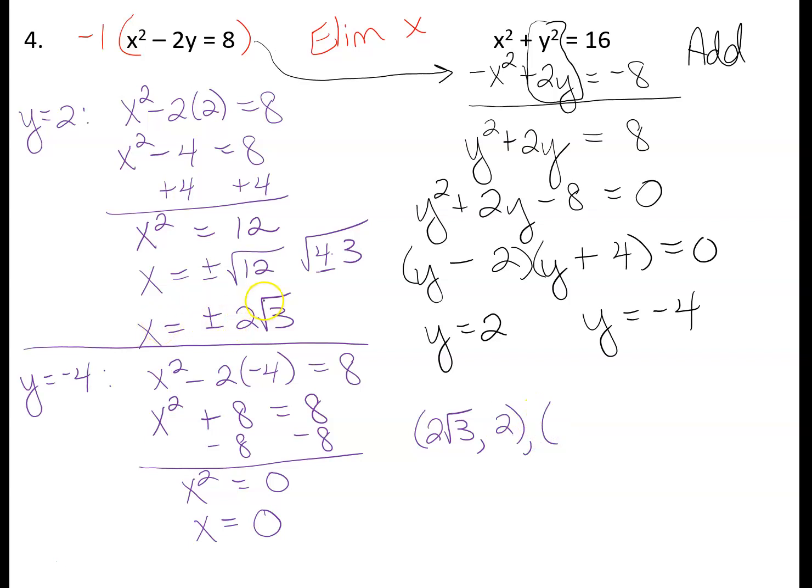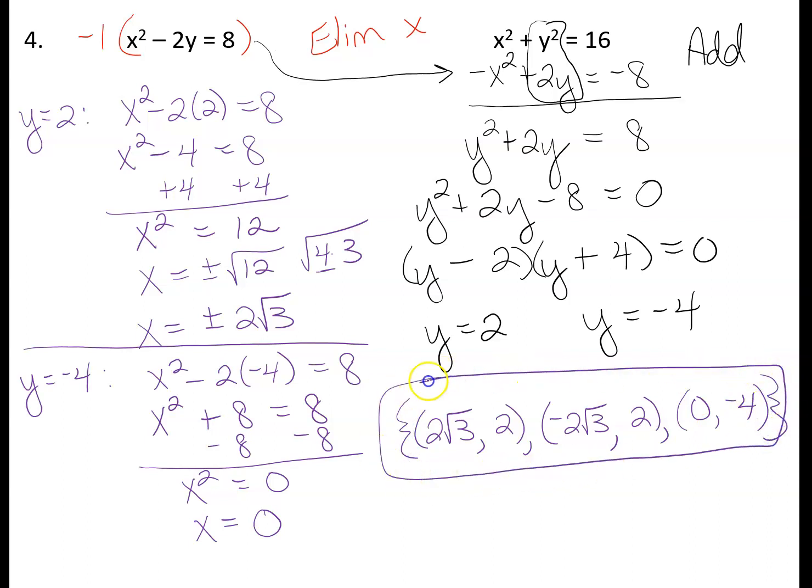Then I got x equals negative 2 square root of 3, and that also came from y equals 2, so y value 2. Then we got x equals 0, and that came from y equals negative 4. So we've got 3 ordered pairs to make up our solution set on this problem.